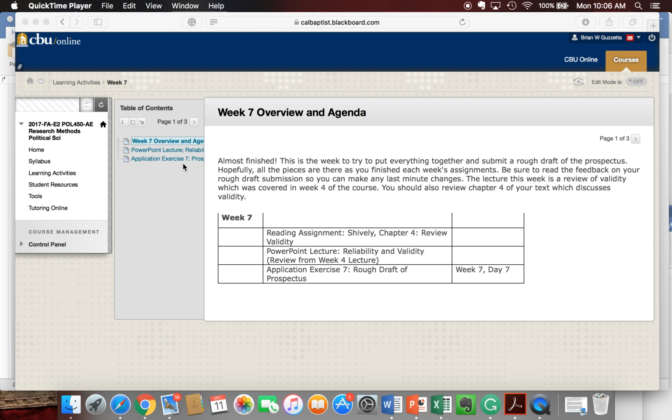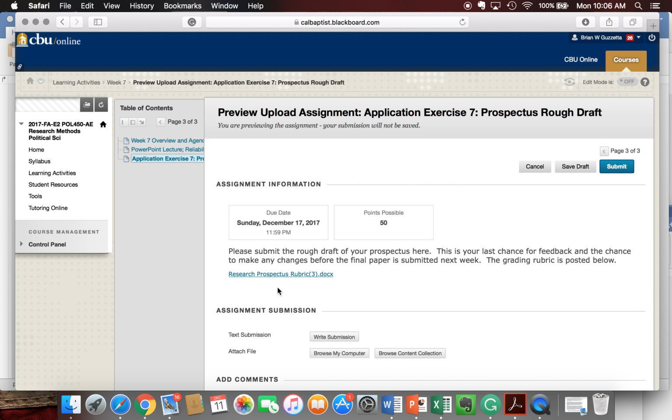If we look here at week 7 on our application exercise, I've included the rubric. Review that rubric. Remember, these are just the building pieces that we've already talked about. Our chapter 1, our introduction, we should have that pretty firm because we spent, in essence, the first 4 weeks of this class building our chapter 1. Then our chapter 2, our lit review, our annotated bibliography.